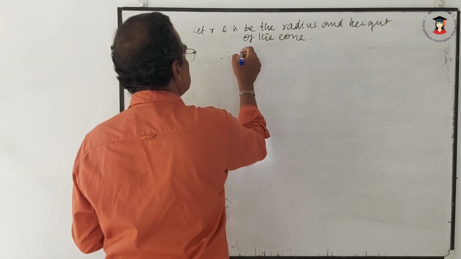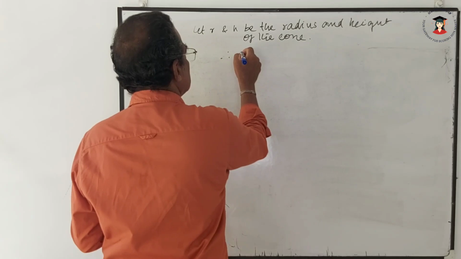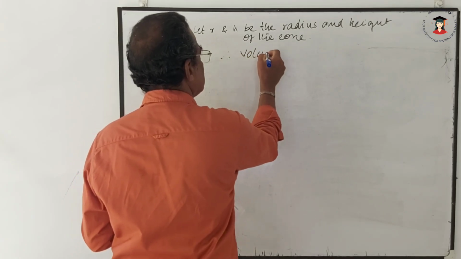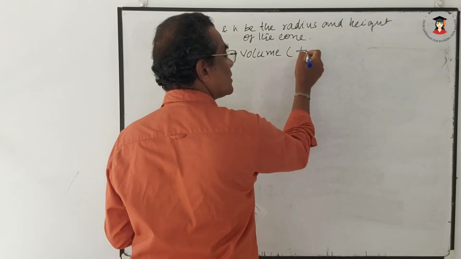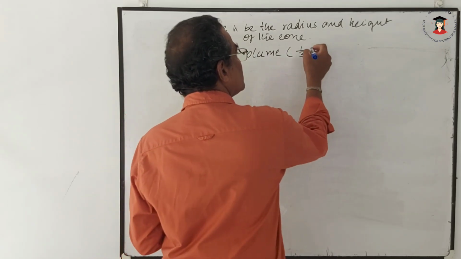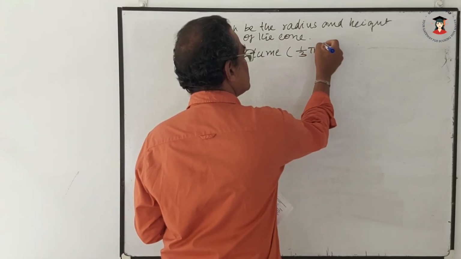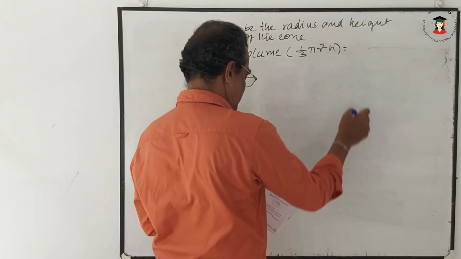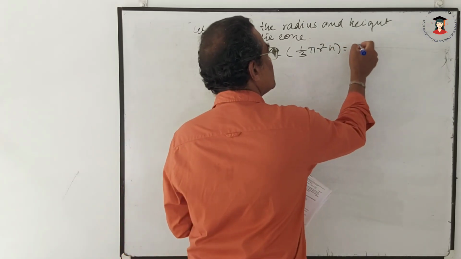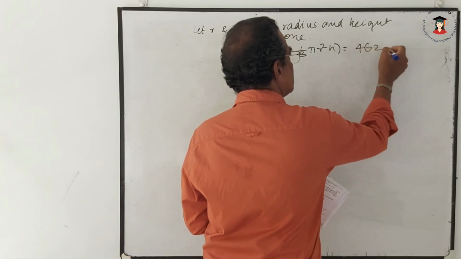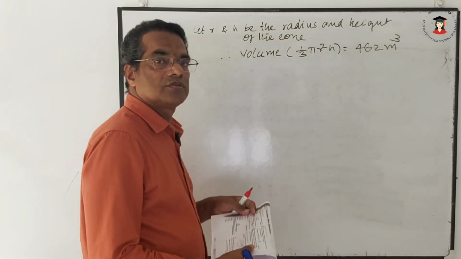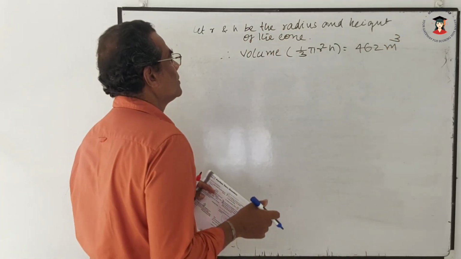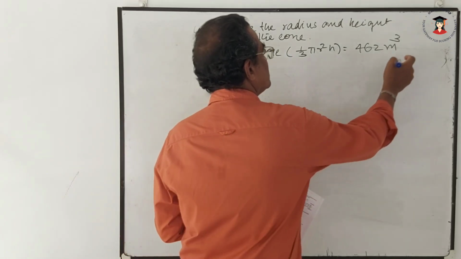Therefore, volume, since it is a cone, it is 1 by 3 pi r square h, and it is given as 462 meter cube, since it is volume. This is equation number 1.